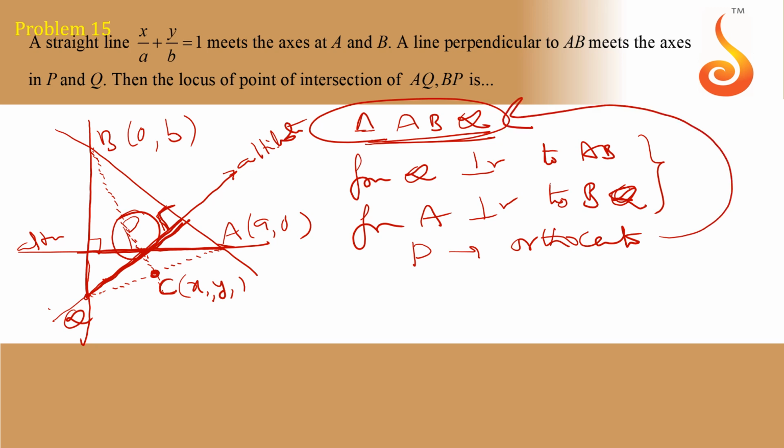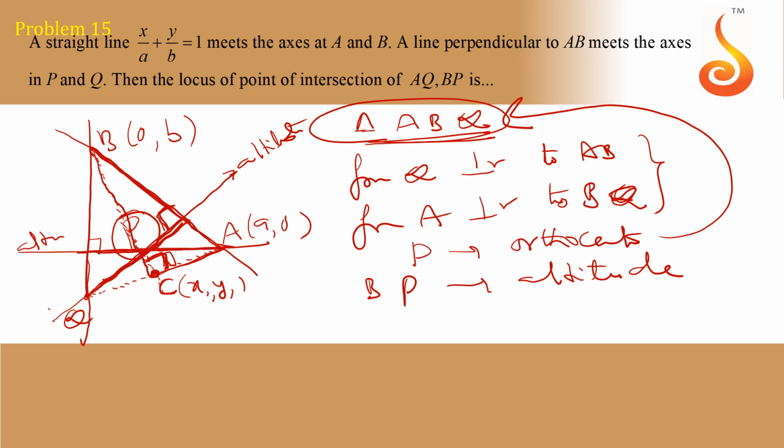Then BP also must be an altitude because it is passing through P. So at C, the angle must be 90 degrees because it is an altitude. So AB at C is making 90 degrees. Observe the figure carefully.